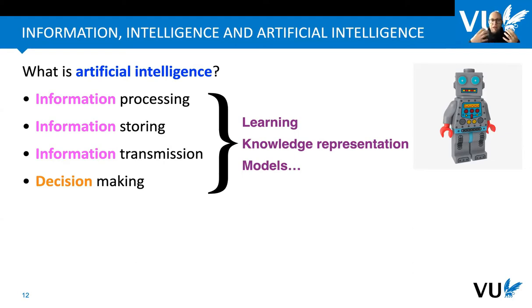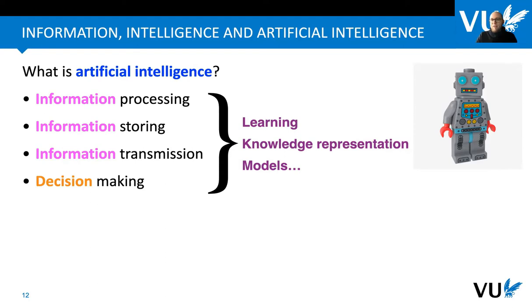So how should we store, how should we represent the knowledge, right? Information retrieved and so on. When we have knowledge representation, we can start talking about models, even mathematically, right? So modeling, and then how to translate them to maybe some hardware and so on. So these three concepts appear very naturally if we think about these four components, right? Information processing, storing, transmission, decision making.